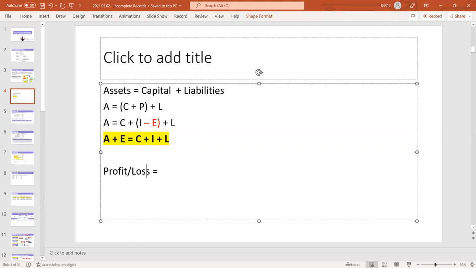What is the equation for profit or loss using the capital? Who can tell me the equation for profit? I explained this at the first class.